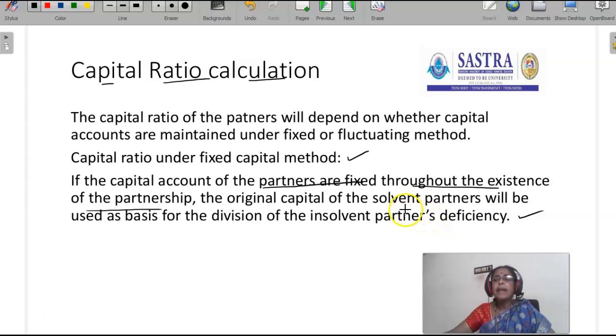The capital account is fixed and static, and so that is called the fixed capital method. So if the firm follows the fixed capital method, then the original capital of the solvent partner will be used as the basis for the division of the insolvent partner's deficiency.